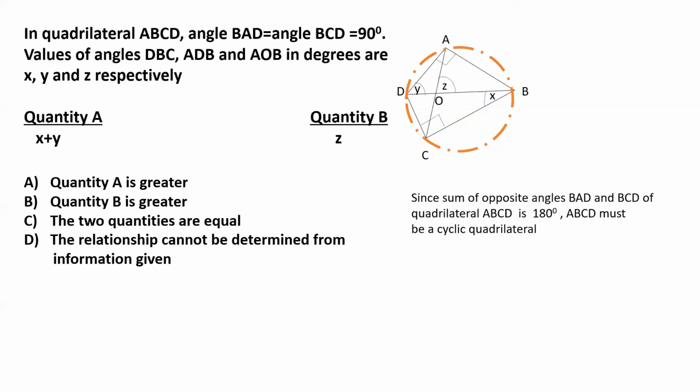So going by the property that angles subtended by an arc at the circumference of a circle would be equal, this angle CAD, which I have marked in green, must also be equal to angle DBC, which is X. So we can basically mark this angle also as X.